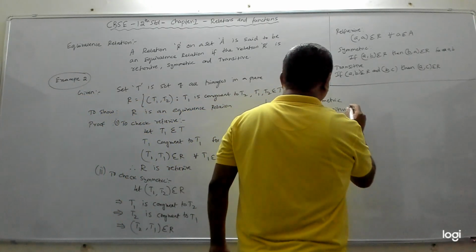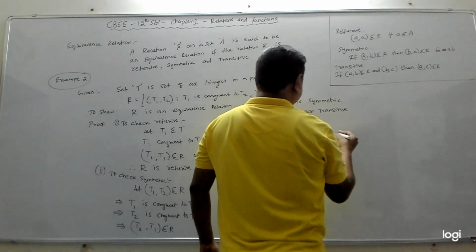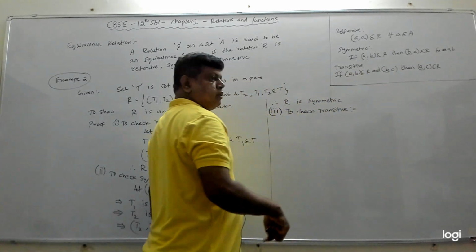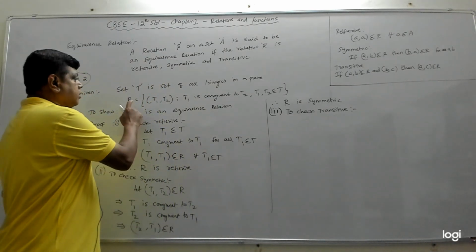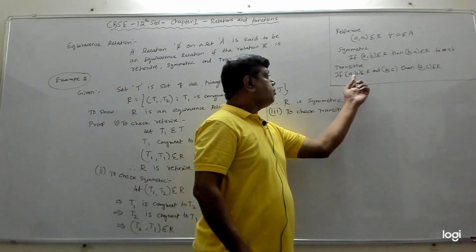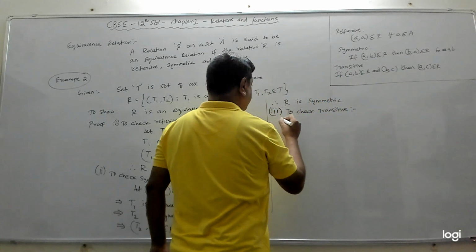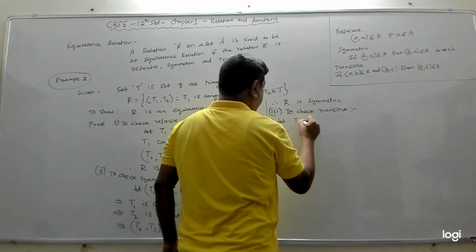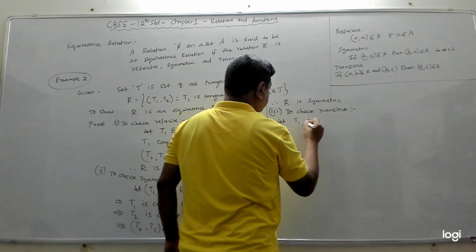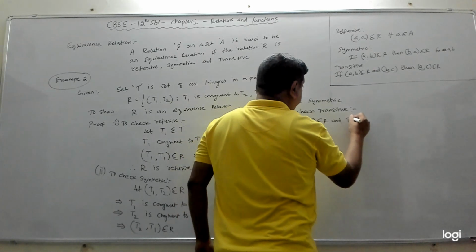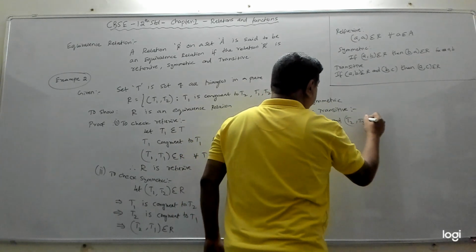We should take two elements from the set R in such a way that, if one is (A, B), the next should start from B, as (B, C). So we will say let (T1, T2) belong to R and (T2, T3) belongs to R.